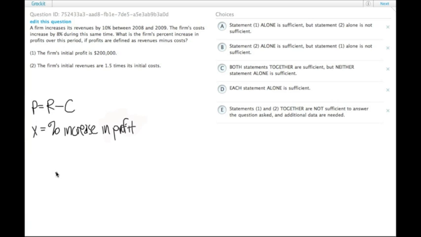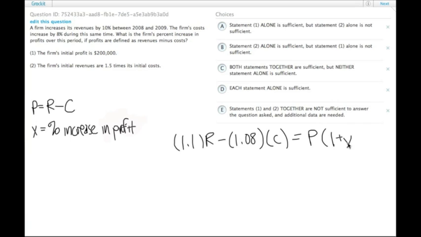So we know that 1.1 times the revenue minus 1.08 times the costs is going to equal whatever the initial profit was times 1 plus the increase, that percent increase that we have. So if we can get some more of these variables figured out, we might be able to solve for this one.